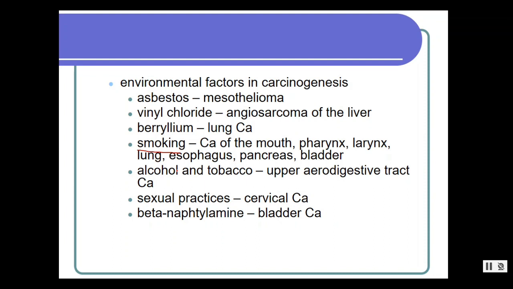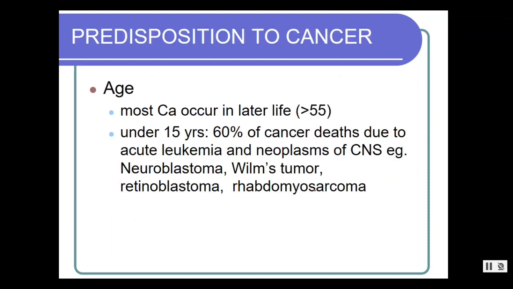So for all of you who are smoking there, please stop while you're young. Alcohol and tobacco, when you are used to taking them together, you drink and you also smoke, you expect tumor of the respiratory and digestive tract. Sexual practices like multiple sexual partners can lead to cervical cancer. That's why pap smear is being requested. Beta-naphthylamine can cause bladder cancer.